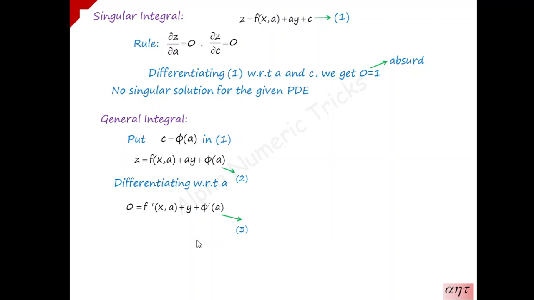Number that as 3. Using 2 and 3, we eliminate the arbitrary constant a, then you can get the general integral for the case 1 problem, that is f of x comma p comma q is equal to 0.